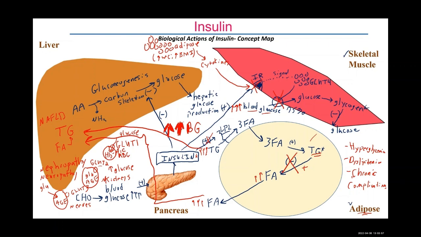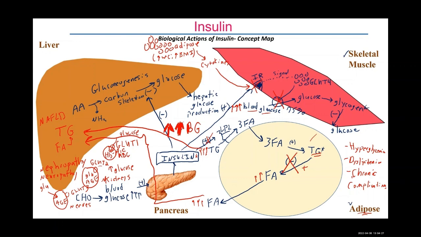Okay. And then finally, insulin is going to go to the liver, and it's going to inhibit or prevent making new glucose, right? So what happens when your cells are not responding to insulin, or you do not have insulin, then of course, glucose cannot be removed from the blood by the skeletal cells, especially.